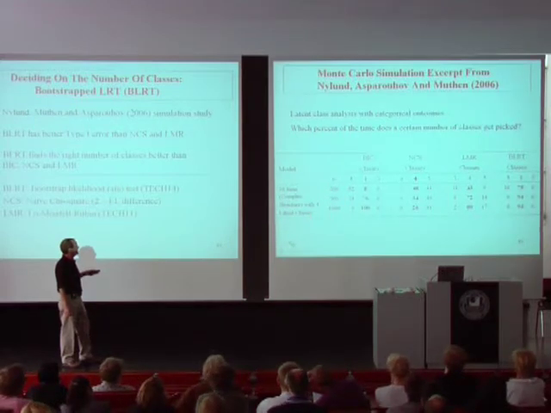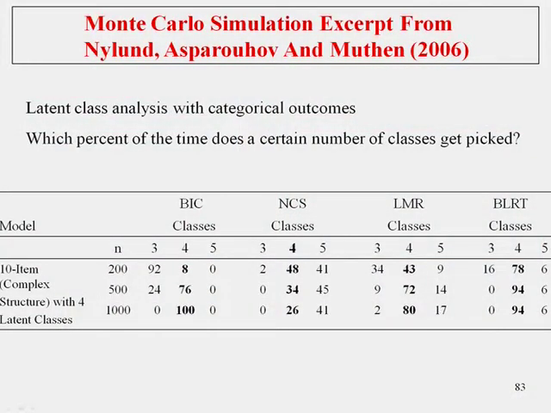And for instance, if you look at sample size 500, this says the correct number of classes is 4, and BIC picks the right number of classes 76% of the time, but 24% of the time it picks too few classes. So the general finding is that BIC tends to underestimate the number of classes a little bit, particularly if you have a small sample. Then you're very poorly situated if you use BIC. If you have a large sample, you always pick the right number of classes according to this simulation.